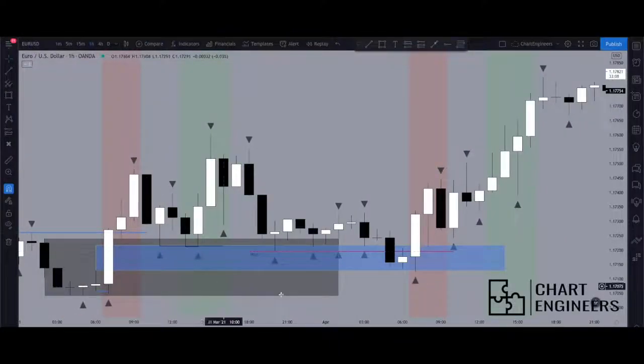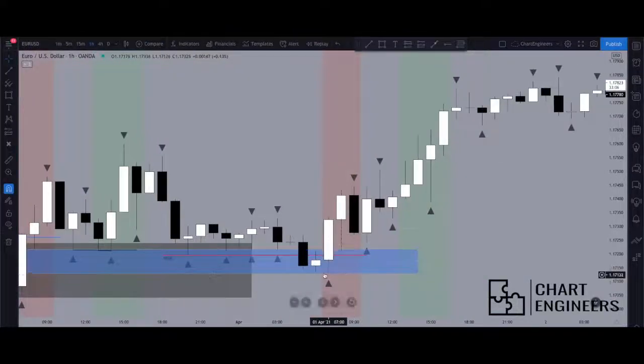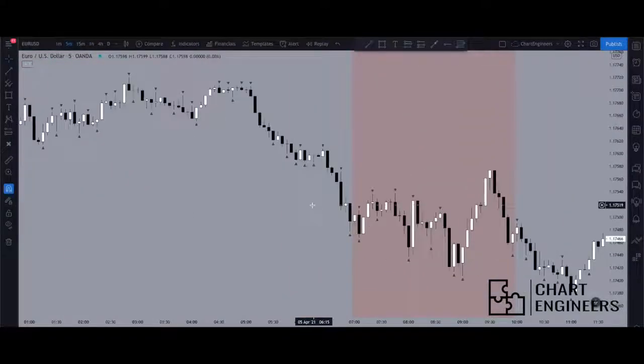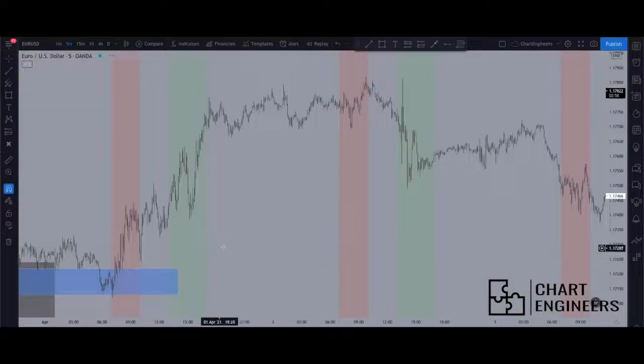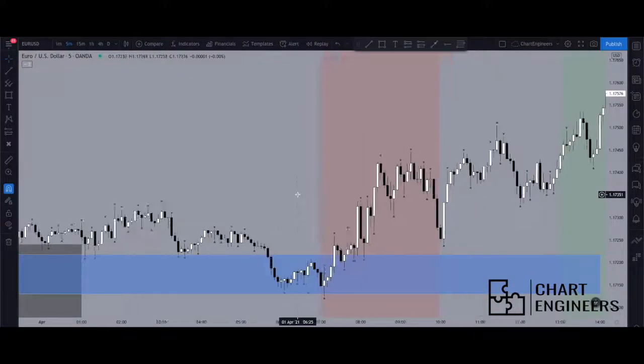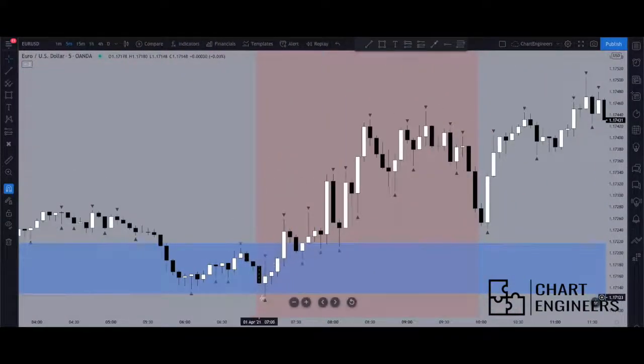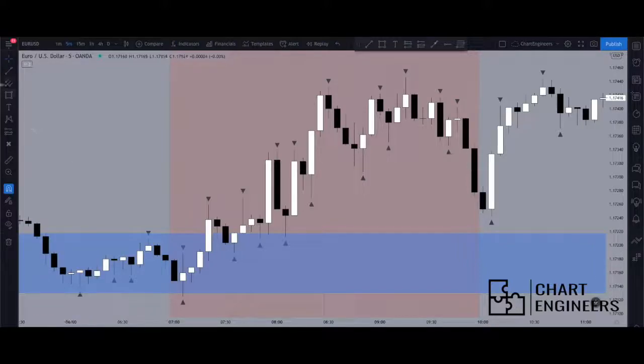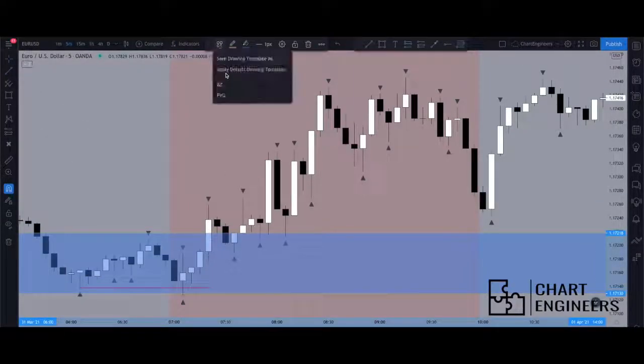Price fills it at 7 AM. Can move on to your 5-minute time frame. And we see as soon as London Open starts, we get the FVG filled, and we have a 5-minute liquidity raid.